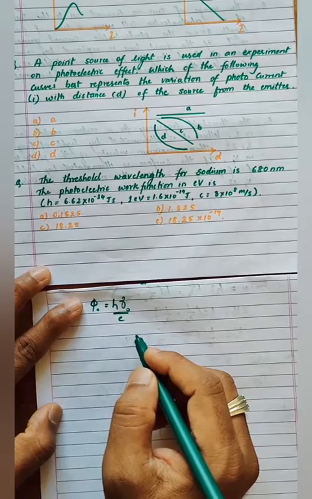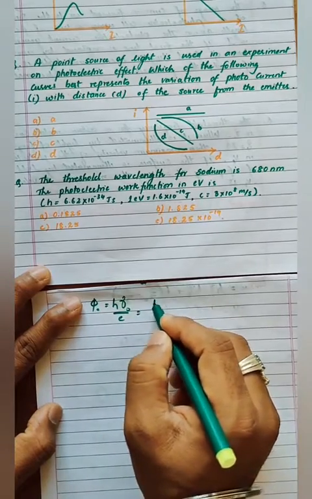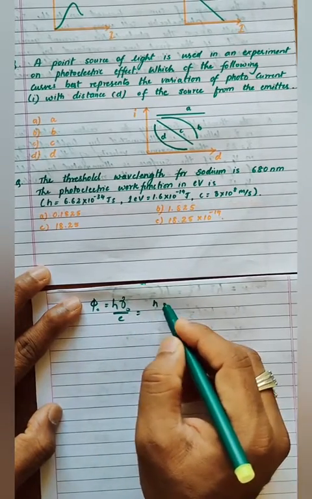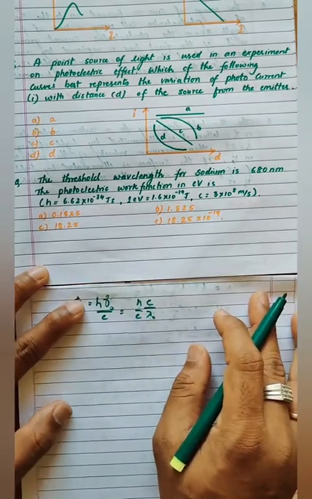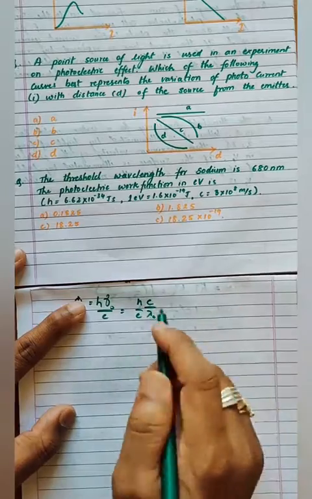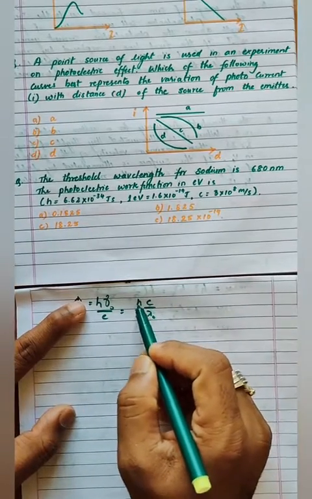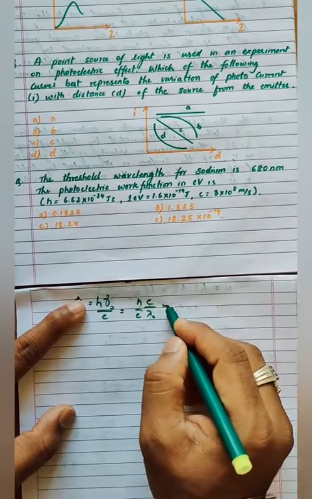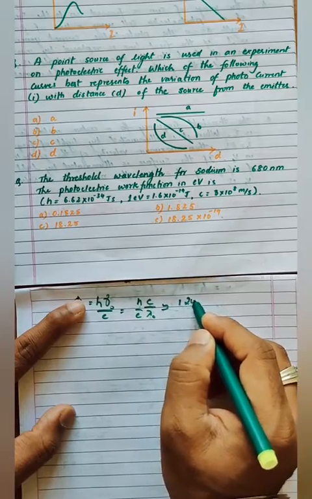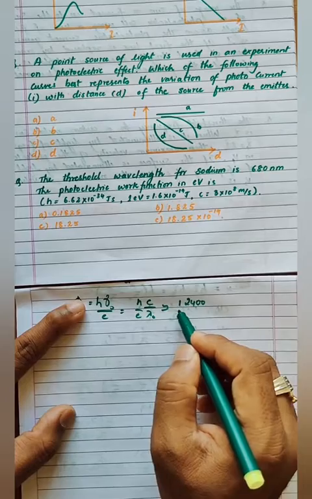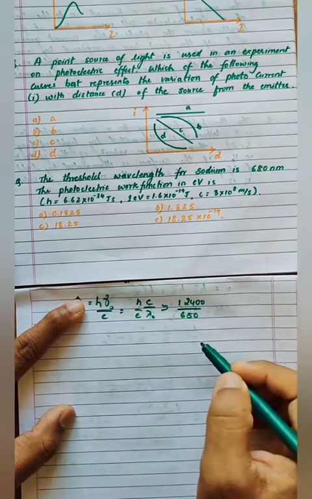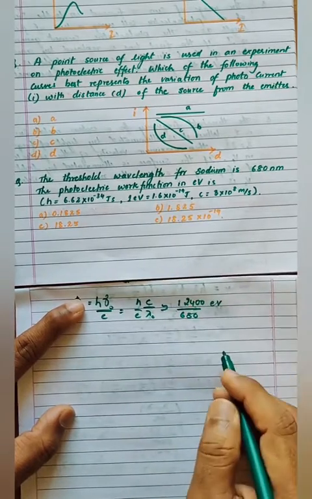So then it will be in electron volt. Next, nu naught can be written as c by lambda naught, and e is as it is. And you know this hc by e is approximately equal to 12,400 divided by 680 electron volt.